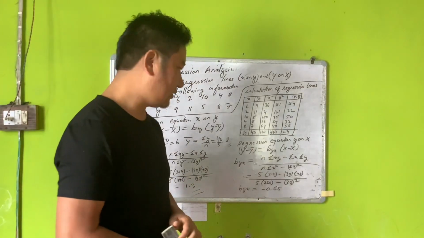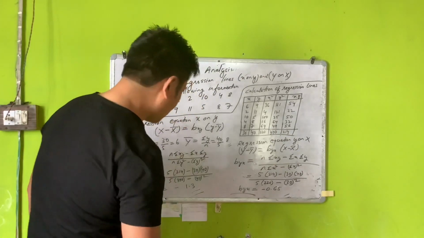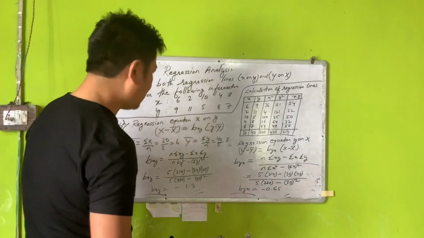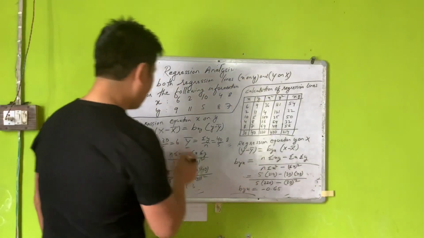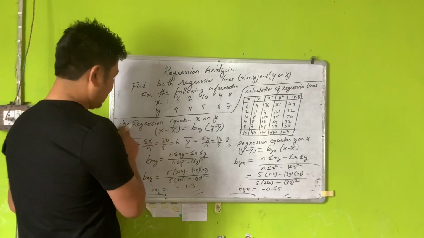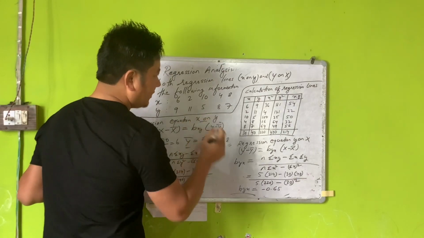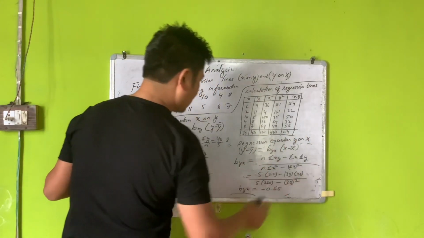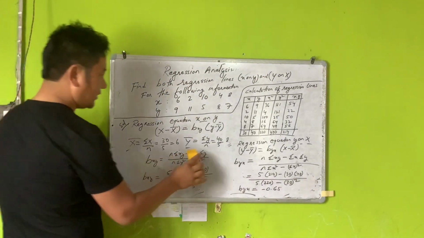So you got this value byx, you got bxy, you got x bar, you got y bar. Now you can easily find the regression equation of x on y and the regression equation of y on x.